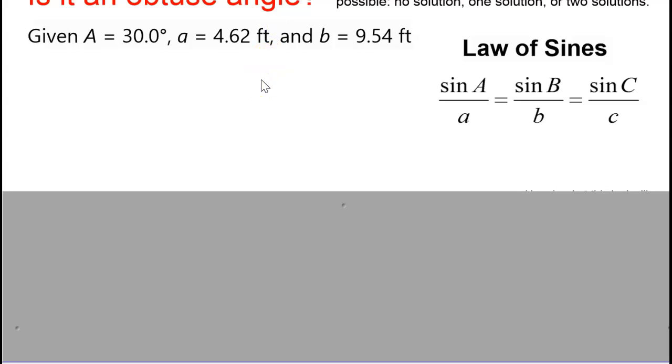We are going to solve it using the law of sines, and we're going to go sine 30 over A, which in this case, A is 4.62 feet, equals the sine of B, and B is 9.54 feet.